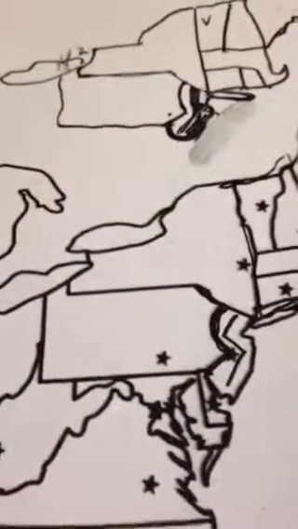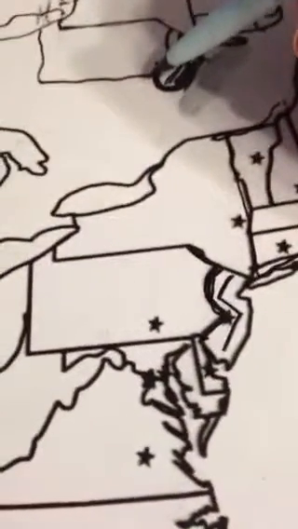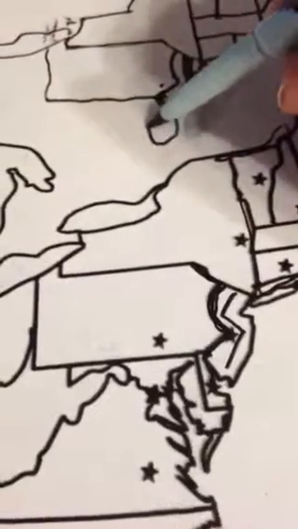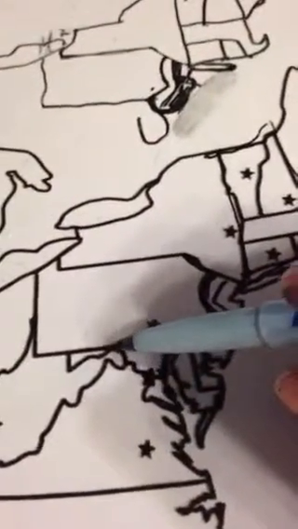Okay, now the next states I draw together as one, Delaware and Maryland. And they remind me of a gun. So they come down. Here's the handle for my gun, and then there's an elaborate trigger system there, and then it comes up, and there's the barrel of my gun.